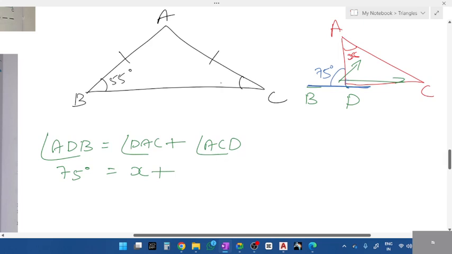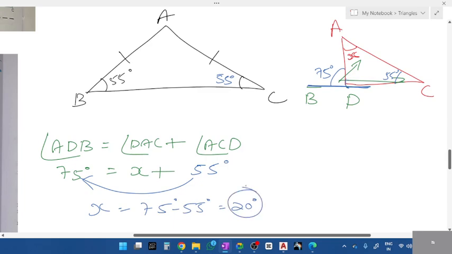Angle B is equals to angle C. So what will be the value of angle C? 55 degrees. So if it is 55, can I substitute 55 here? So this 55 gets subtracted. Angle X is equals to what? 75 minus 55? 20. Isn't it easy? Within 2-3 steps, we got the answer.